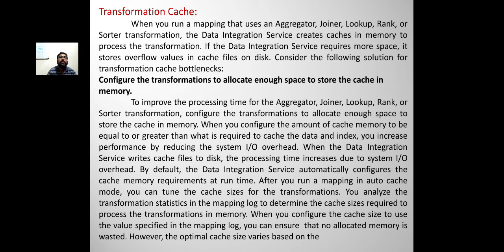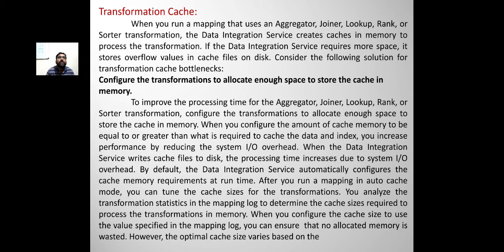Consider the following solution for a transformation cache bottleneck. Configure the transformation to allocate enough space to store the cache in memory to improve the processing time for the Aggregator, Joiner, Lookup, Rank or Sorter transformation.